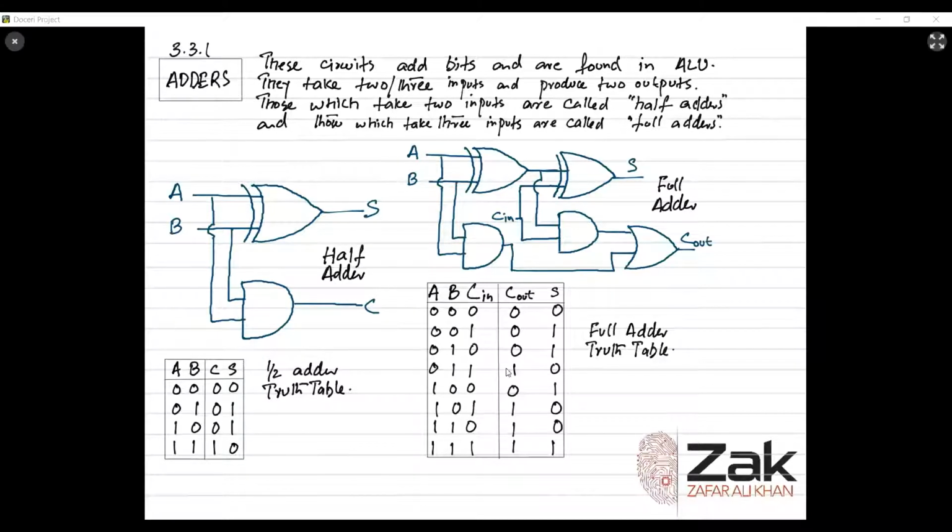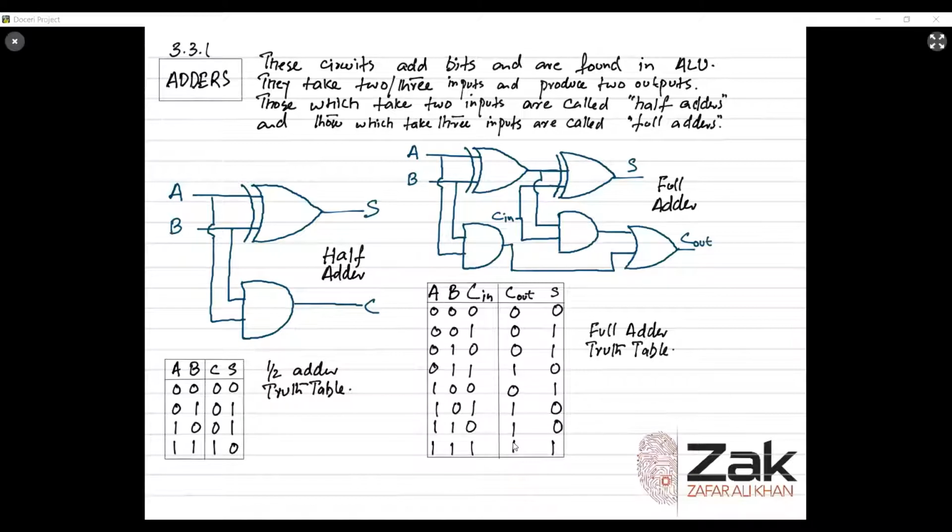Okay? Then we have 1 plus 0 plus 0. Now 1 plus 0 plus 1 is 2, so the result is 0 and carry 1. 1 plus 1 plus 0 is 2, result is 0 with carry 1. 1 plus 1 plus 1 is 3, so sum is 1, carry is 1.